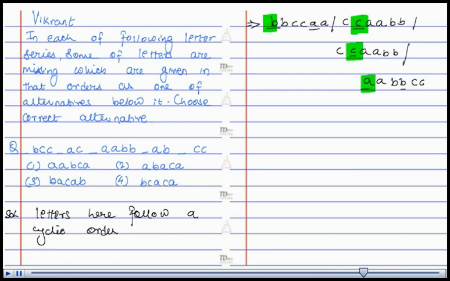So we can say that the answer is the third, that is B, A, C, A, B.